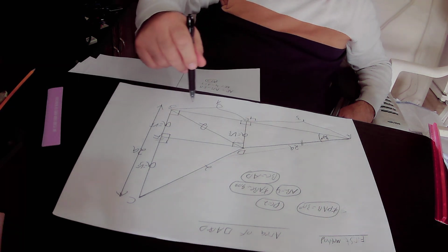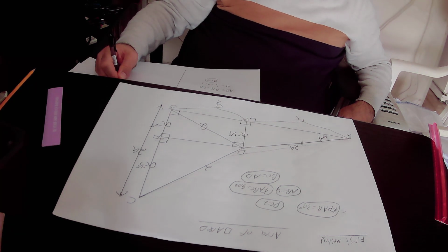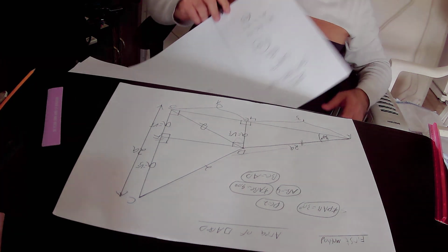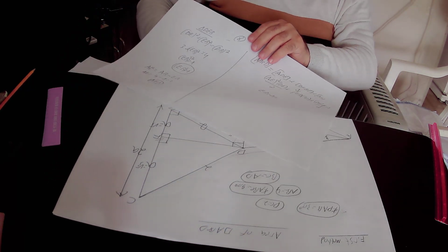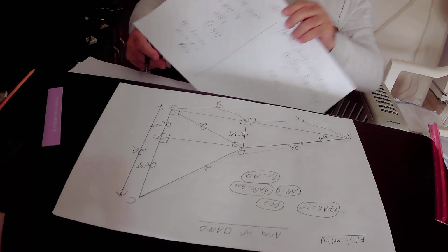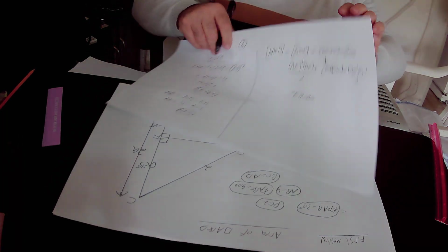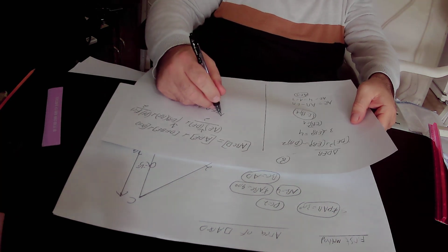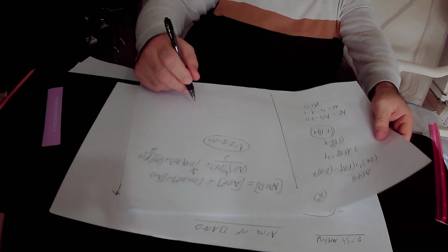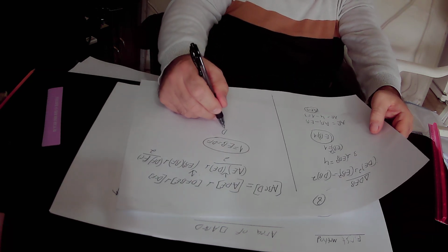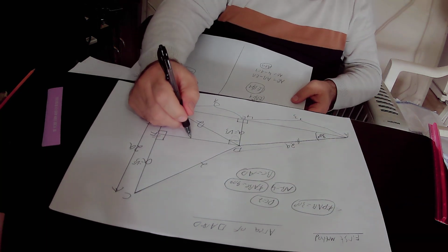That is to say, EB equals DF, according to rule number 3. But we have already found that EB equals 1. From this equation, we find that DF also equals 1.